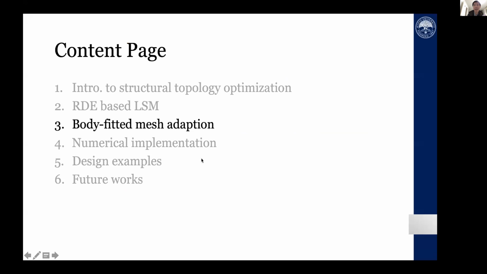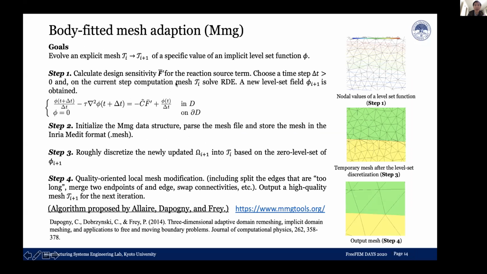Okay, let's see how we integrated the body-fitted adaptive mesh technique in our method. So here, step one, we solve the RDE, reaction diffusion equation, which is semi-discretized in time. Then we get a new level set field. And step two, we export the mesh file and store the mesh.